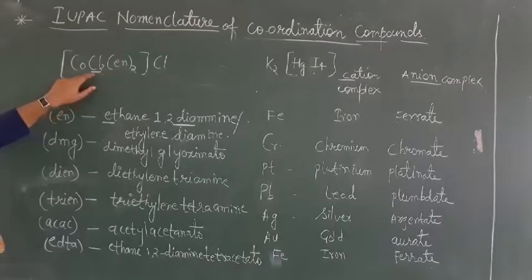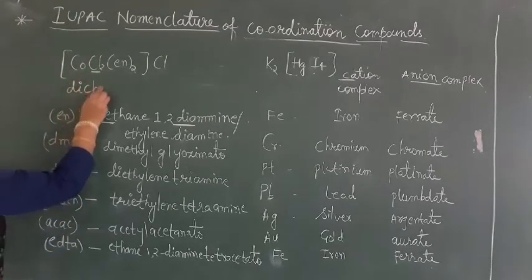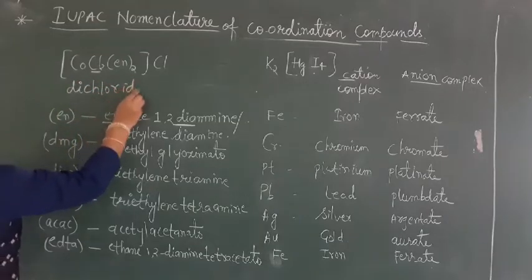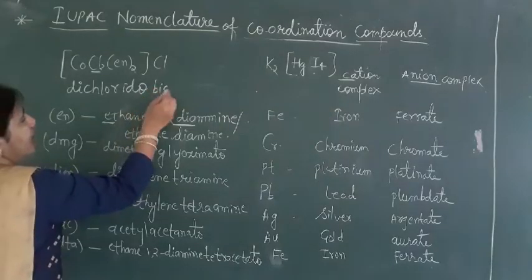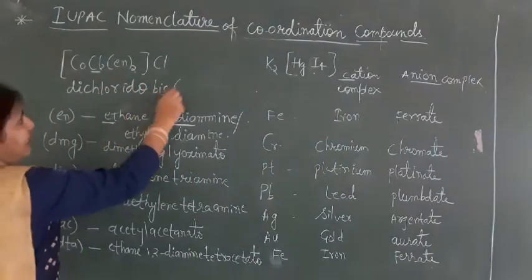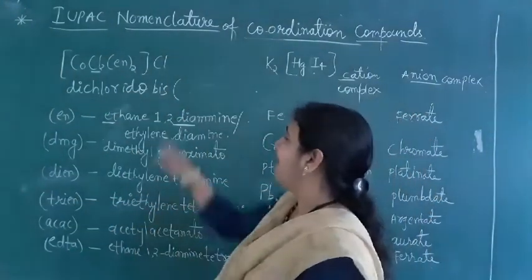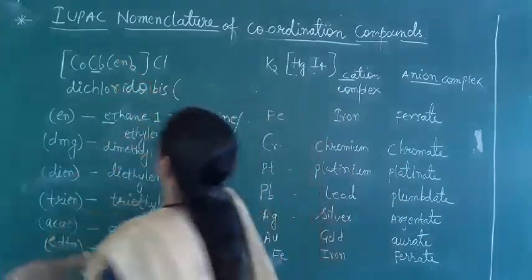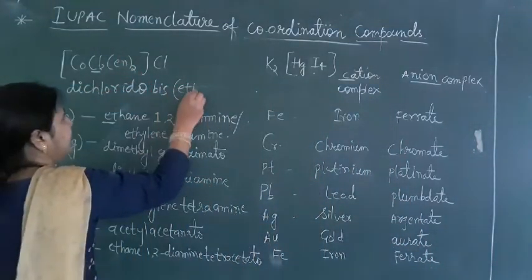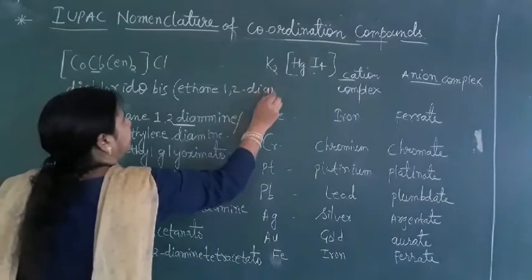So that's why we write the chlorido name first. How many are there? 2 are there, so we write dichlorido. For en we write bis, and its full name we write in parentheses: make one parenthesis and write the name, ethane-1,2-diamine.